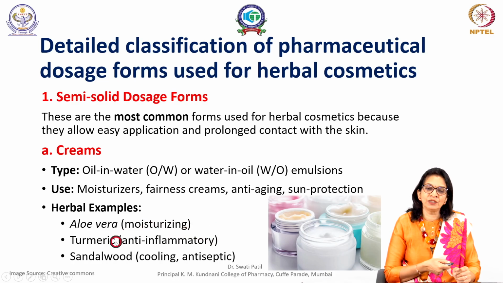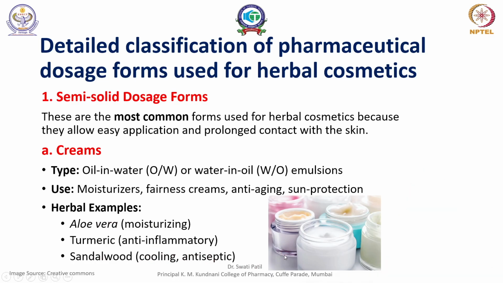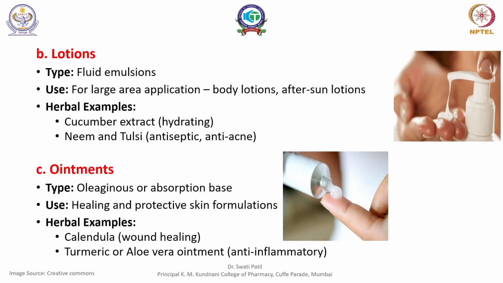We have age-old turmeric, which acts as an anti-inflammatory, and sandalwood preparations. We have been hearing of sandalwood being used traditionally, and sandalwood forms a major herbal component as a cooling agent and as an antiseptic when used in herbal cosmetics.